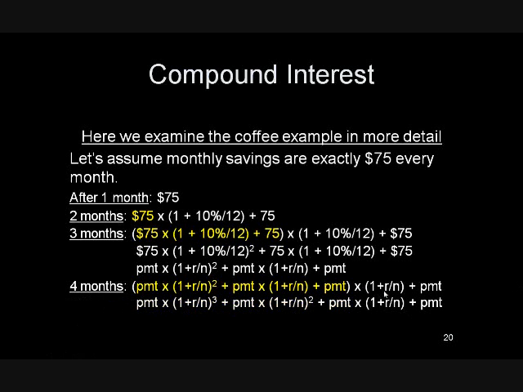Now again, we're just going to simplify and multiply through by this quantity. So we're going to multiply this times this term, and what we get is the quantity raised to the third power instead of the quantity squared. Here we multiply these two, and we get 1 plus r over n squared, because here it was just to the first power.